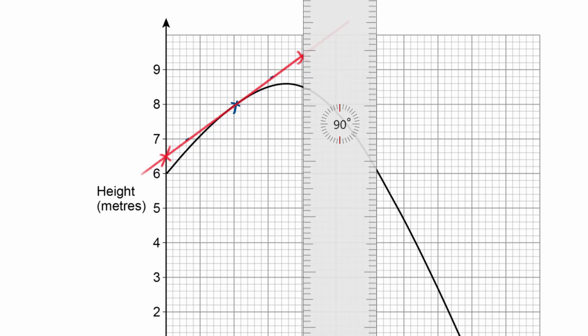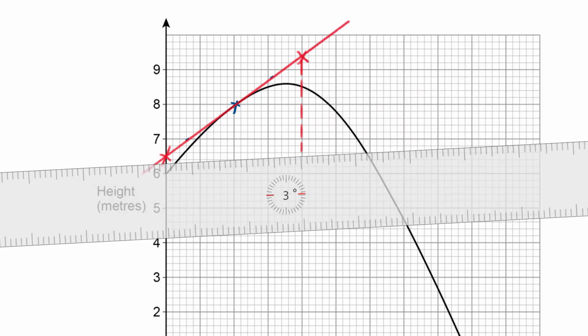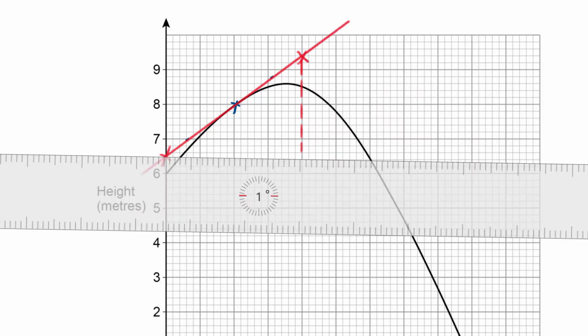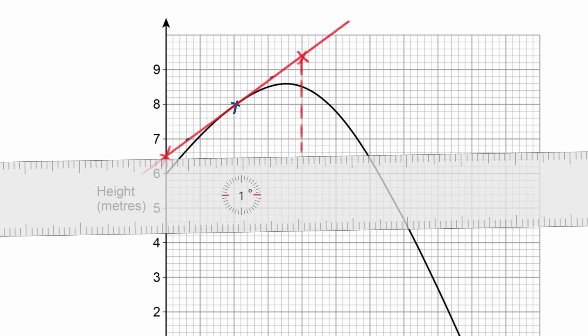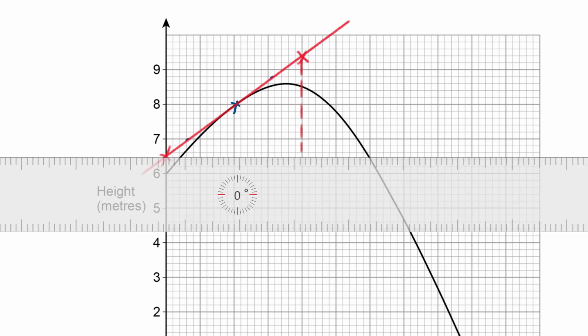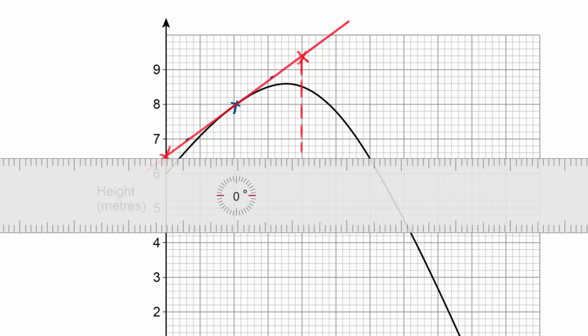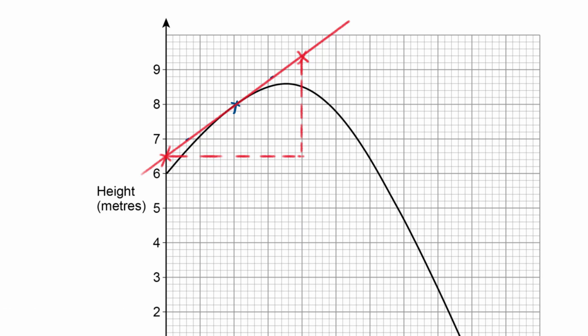Don't want to put your points too close together. So that's going to be my change in y, and then my change in x is here. So my change in x is easy to do. It's just 2 subtract 0, isn't it? I'm going to quickly do that first. That's 2. What's my change in y?